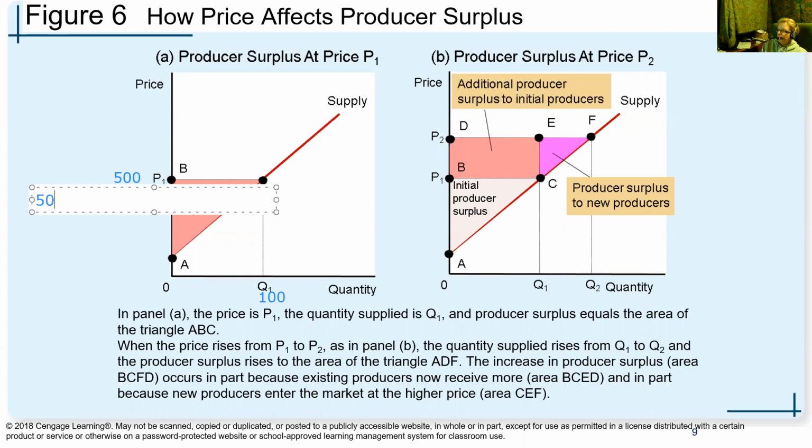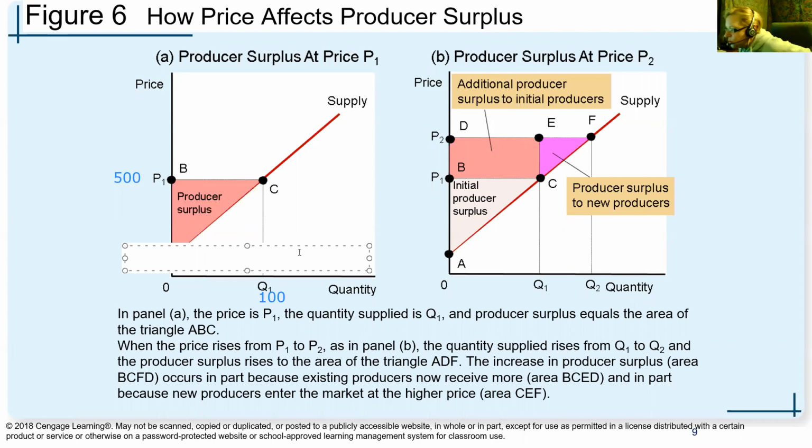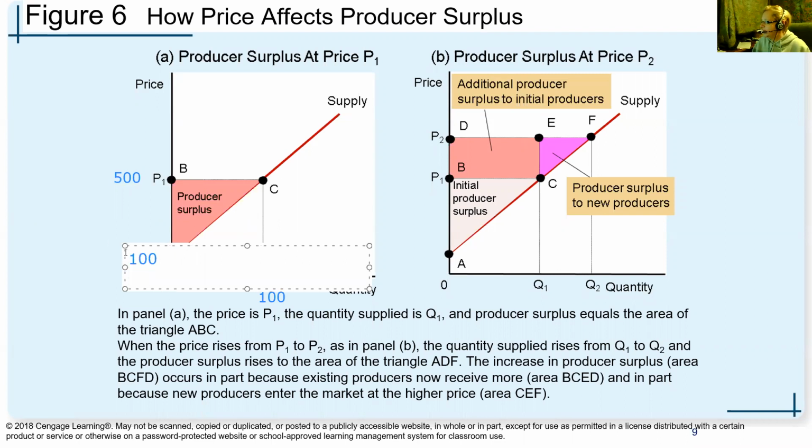Oh, I need one more price. I started to do the math and I couldn't. We also need to know where the supply curve originates because that essentially is the cost to the most efficient producer. So I'm going to go ahead and put this in at 100. There, that works a little bit better.